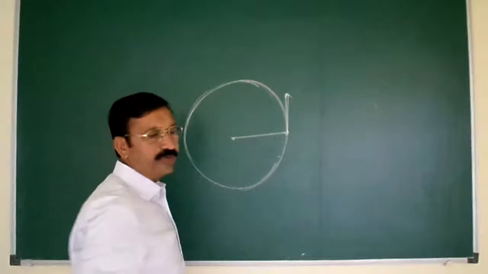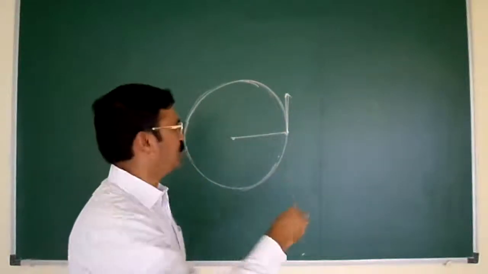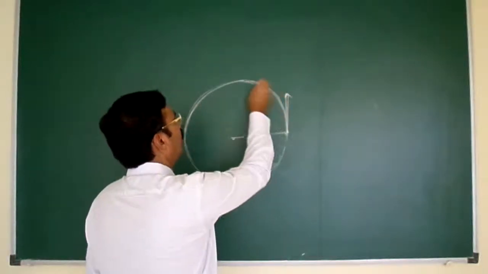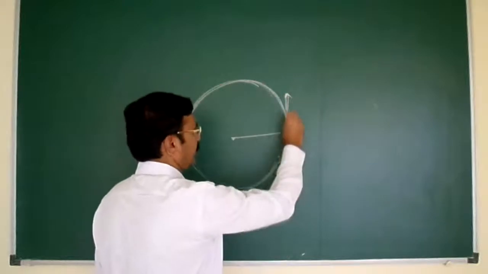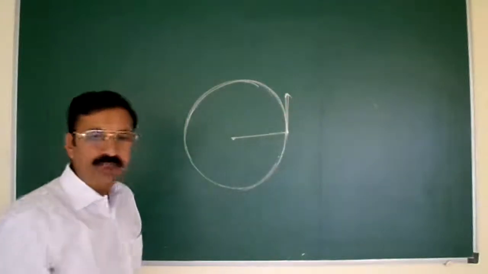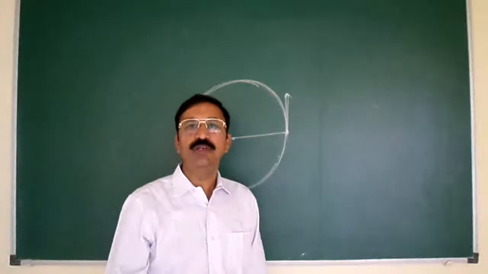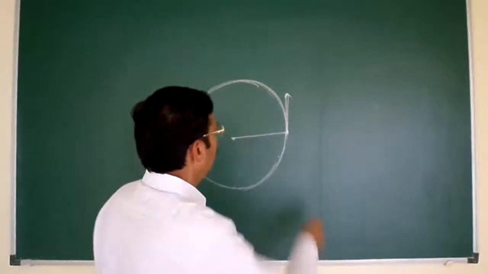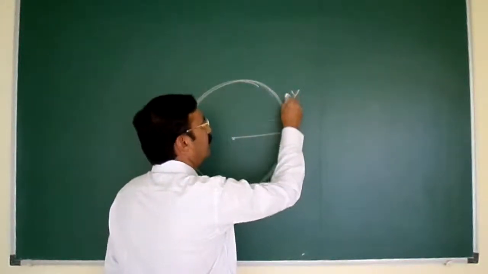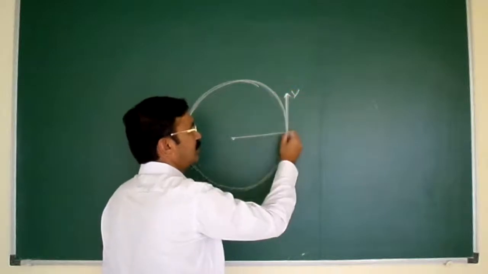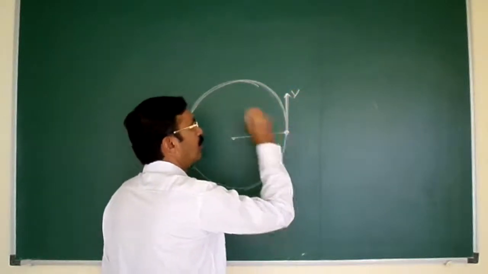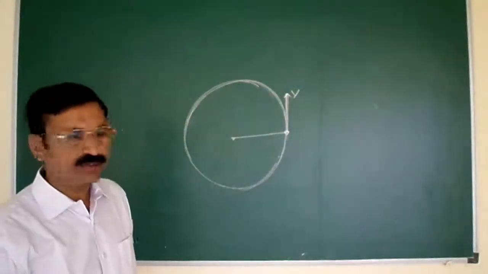This linear velocity is always tangential to the circular path on which the particle is performing circular motion. Let v be the velocity of the particle on the circumference of the circle.